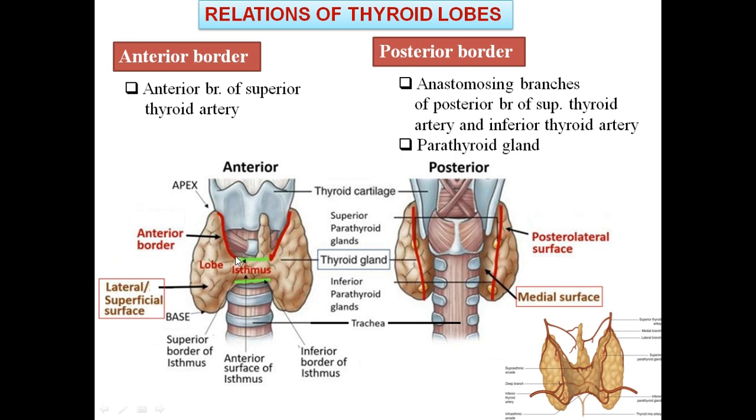The anterior border is associated with the anterior branch of the superior thyroid artery. And here the isthmus is there, consisting of the superior border and inferior border. The posterior border of the thyroid lobe separates the medial surface and the posterolateral surface.